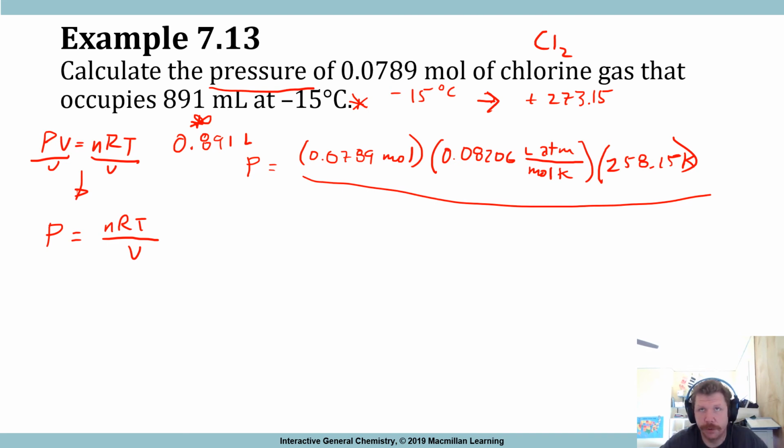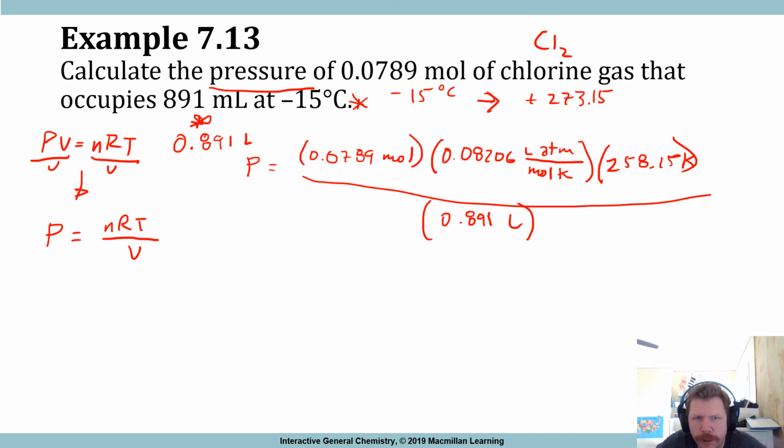I just worked through and committed to memory that 900 milliliters is 0.9 liters, 500 milliliters is 0.5 liters. So then I know 0.891 liters. I saved a little bit of time by not having to do that.